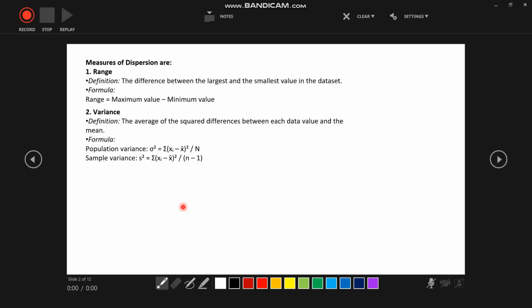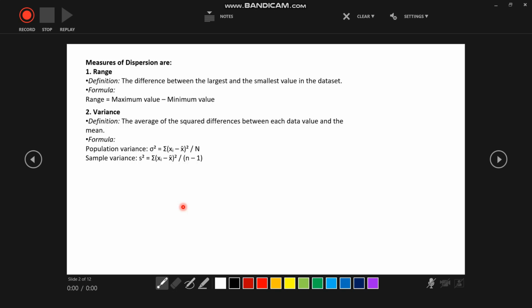So let's take these two cases for example. The first case is we have the score of all students in a school. The second case is we have the score of 30 students selected from a school. Now for the first case, you use population variance if you want to calculate the variance for the score, because we have the score of all the students in that school.